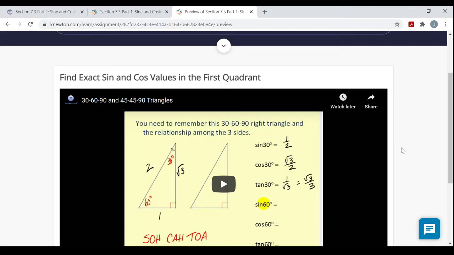After this is over, or maybe even during this, I would recommend memorizing the sine and cosine of a 30 degree angle, or pi over 6 radians, a 45 degree angle, or pi over 4 radians, and a 60 degree angle, or pi over 3 radians. It'll make things much easier for you for the rest of the course.